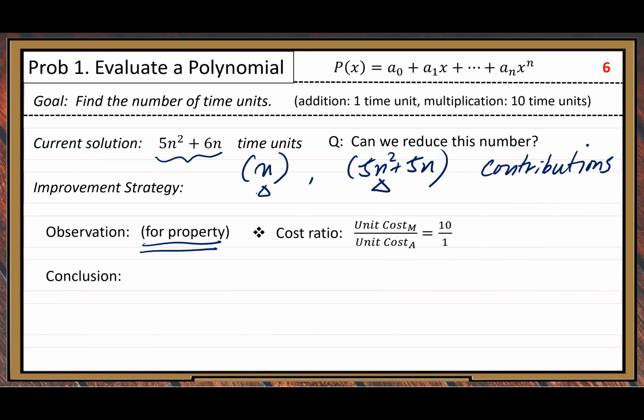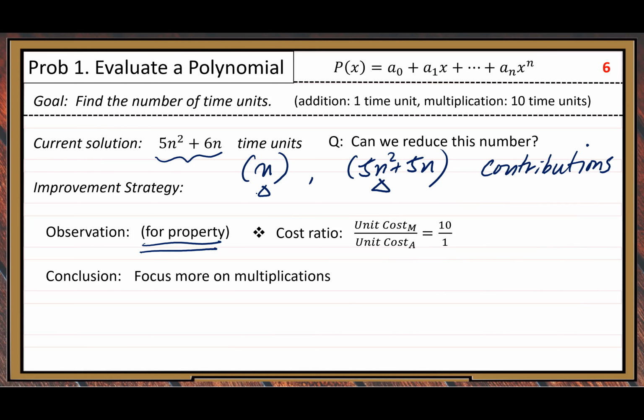Conclusion. After this observation, we want to make a conclusion. In order to reduce the efficiency number significantly, where should we put our effort? Because we have a limited amount of resources and energy, we should focus on some particular component.